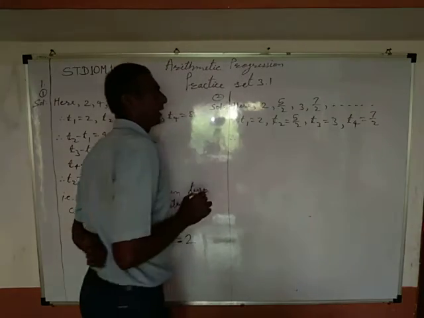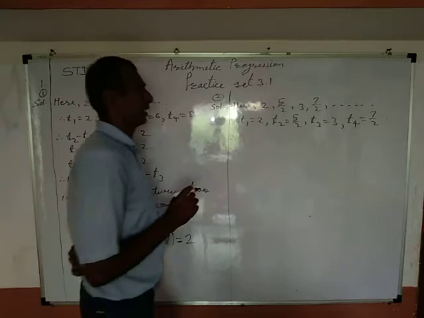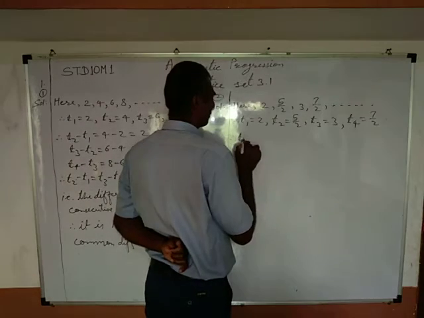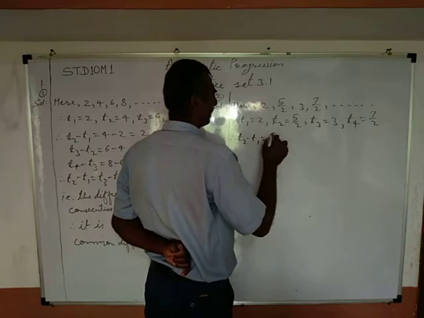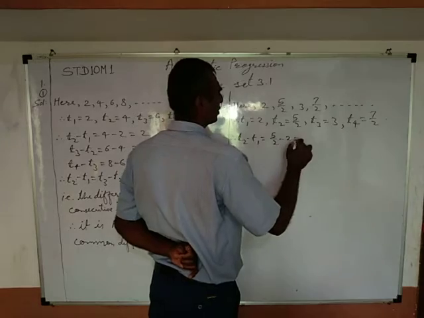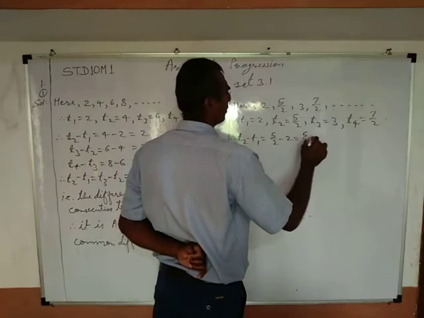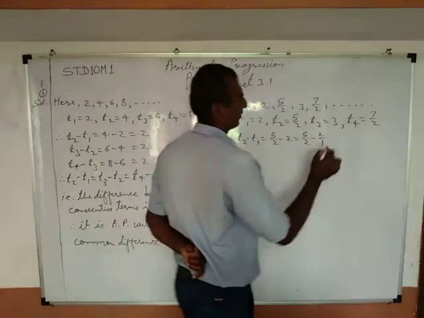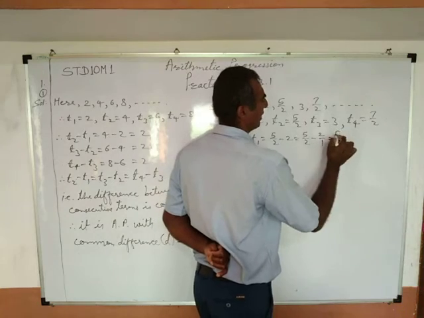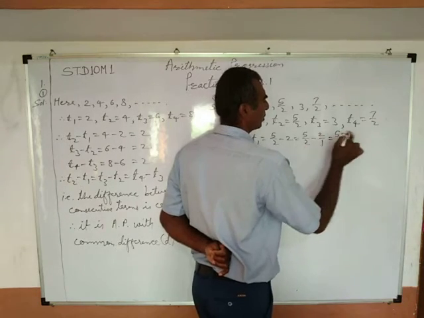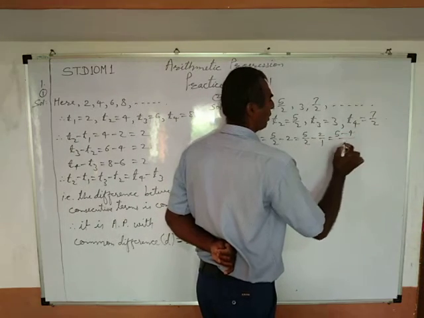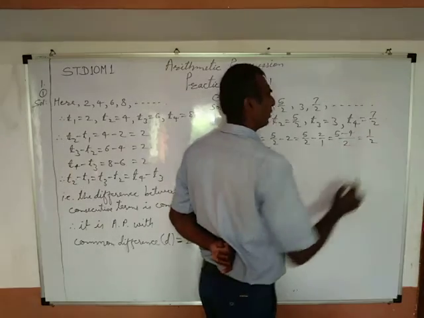Therefore, let's find the difference between two consecutive terms. T2 minus T1 equals 5 by 2 minus 2 equals 5 by 2 minus 2 by 1 equals, 5 minus 2 into 2, that is 4, upon 2, equals 1 by 2.